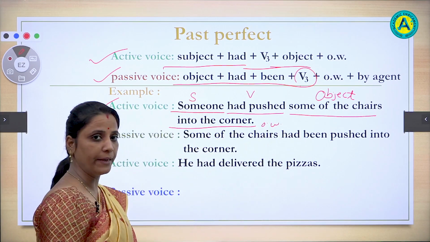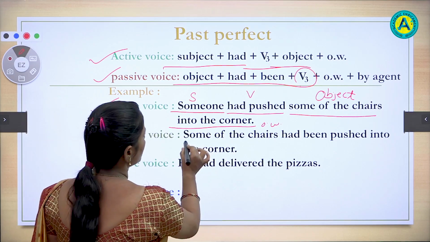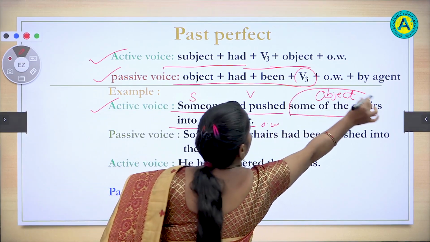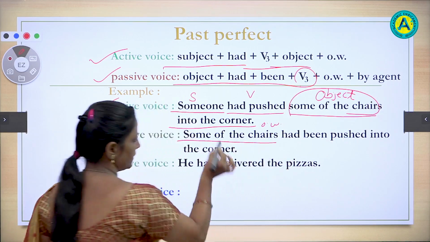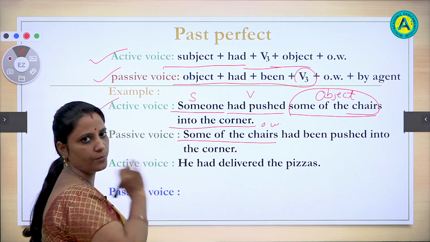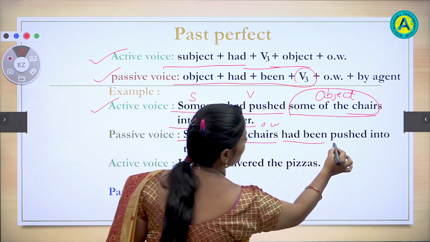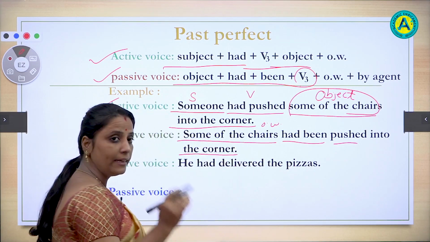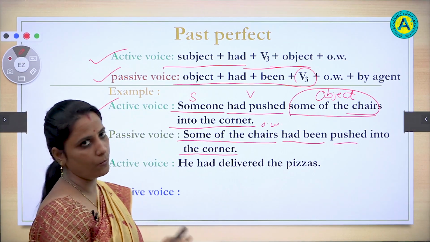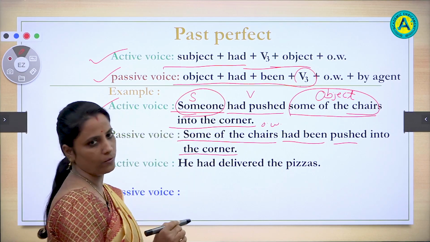So, what is the passive form of this sentence? Yes, students. Here the object is some of the chairs. So, we use here some of the chairs as subject. Some of the chairs had been pushed into the corner by someone. Here we should not use by someone because someone is an indefinite pronoun.